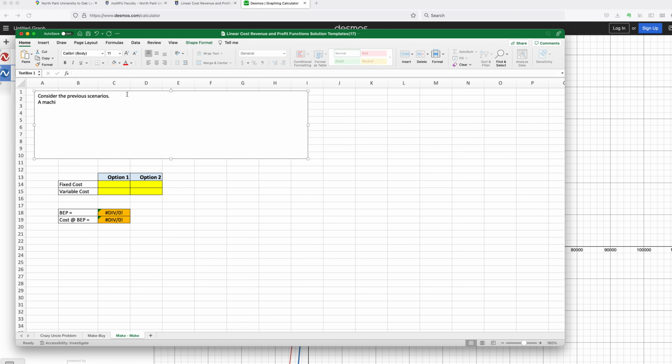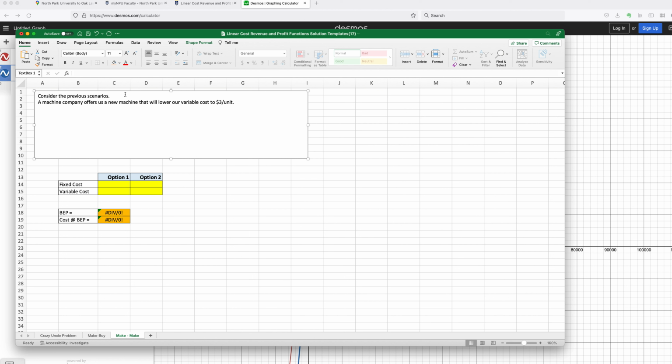A machine company offers us a new machine that will lower our variable cost to $3 per unit.